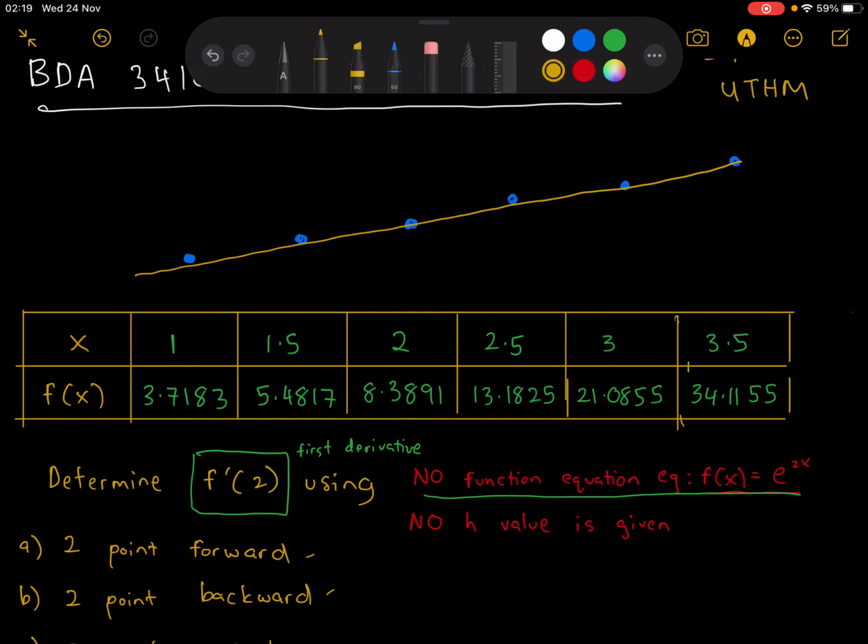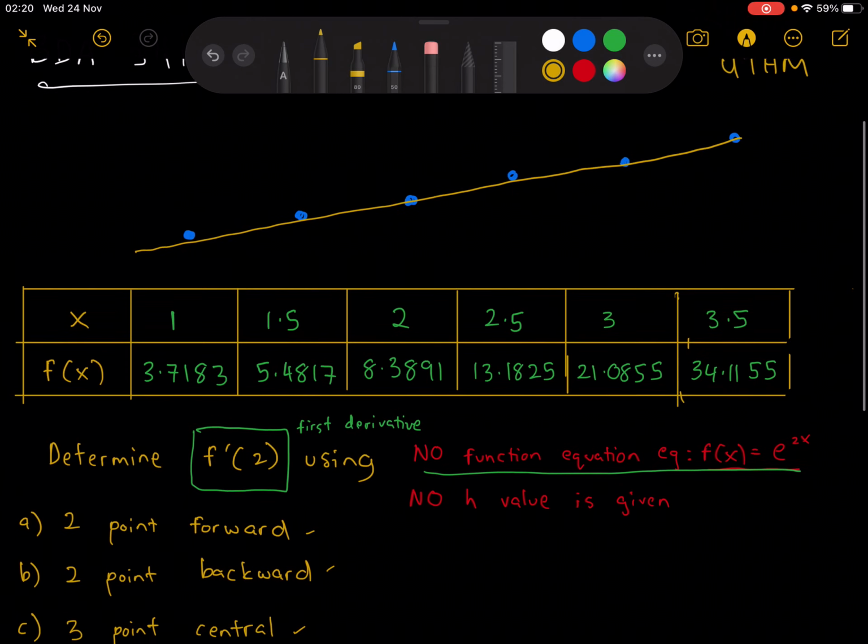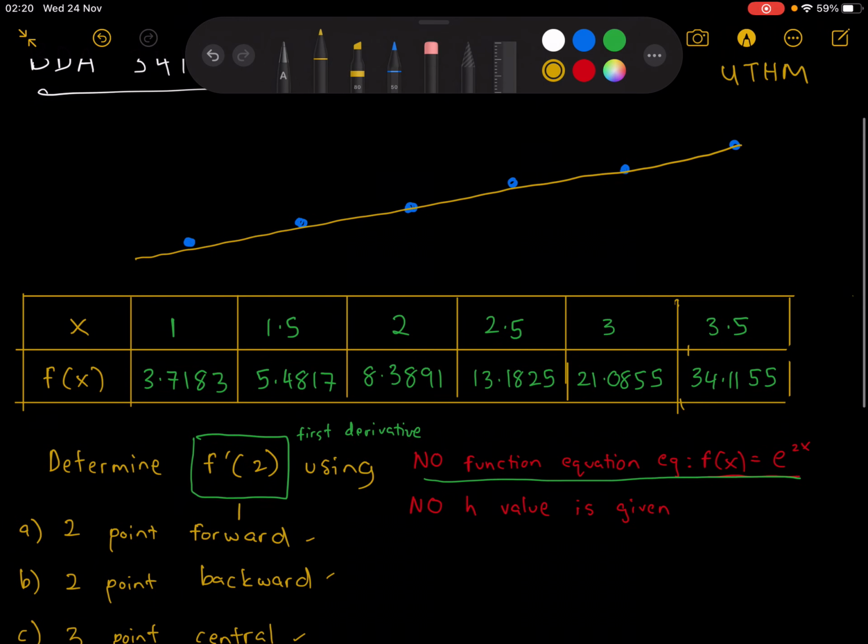This is just an example. So first we look at our point of interest, which is f prime at x equals 2. Basically this is our point of interest, whereby this is our f(x), because the question asks us to find f prime of 2 when the x value is 2.